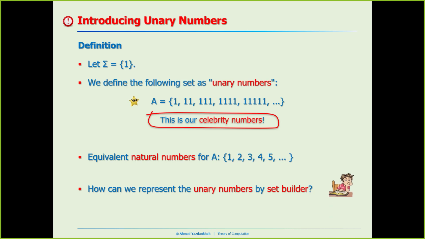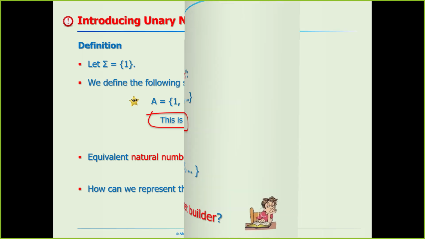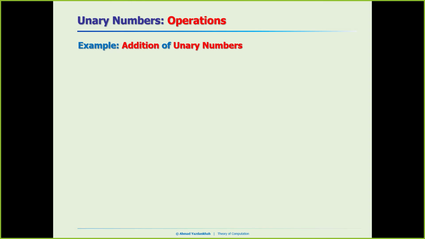Now I want to tell you something even more interesting. I want to introduce the addition of unary numbers. For example, if we have 1 plus 1, 1, we get what? 1, 1, 1. Agree? If we have 1, 1 plus 1, 1, we get 1, 1, 1, 1. So what would be the pattern here if I consider all of these as a string?